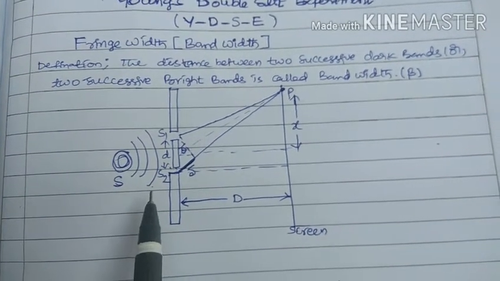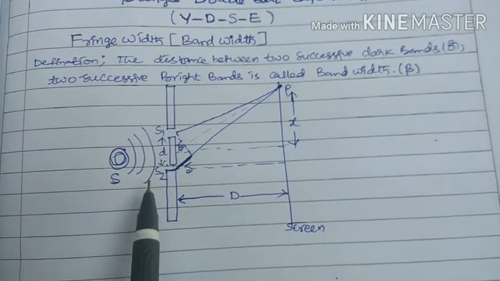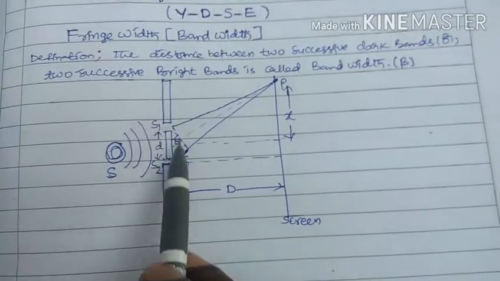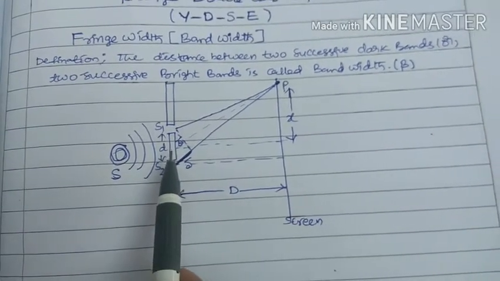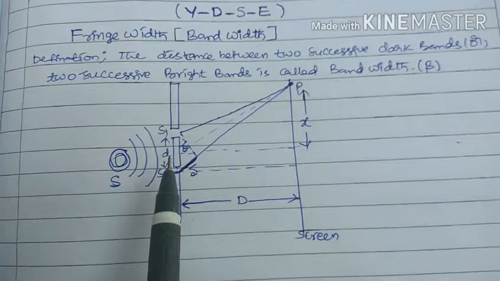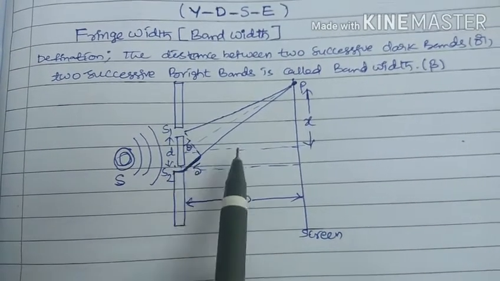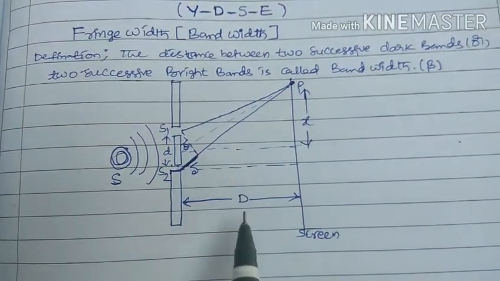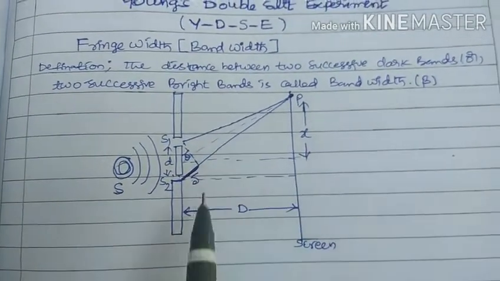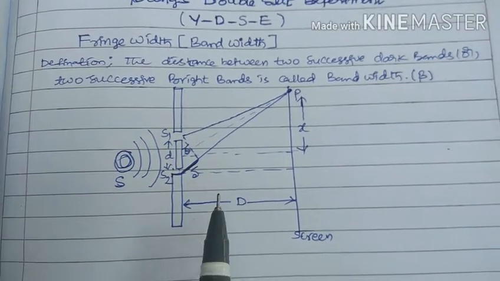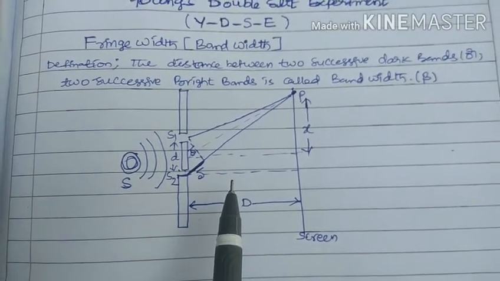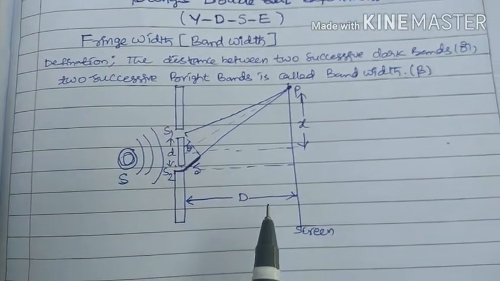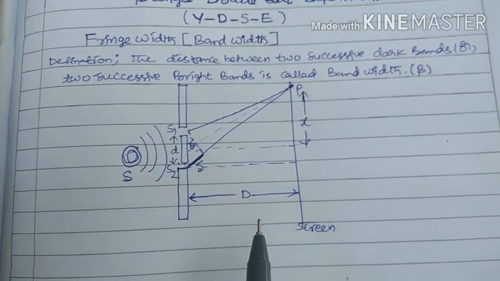The light waves emerge from the slits and spread towards the screen, as shown in the figure. In the gap they overlap each other, that is superposition of the waves. Due to this, interference occurs and the fringe pattern is formed.